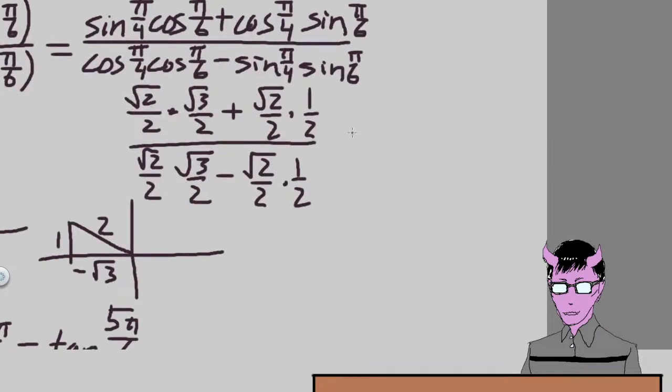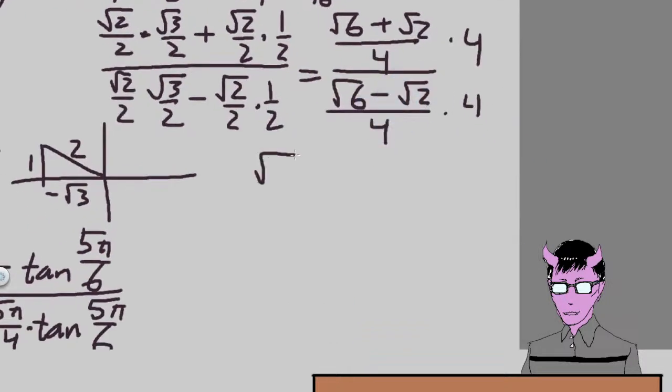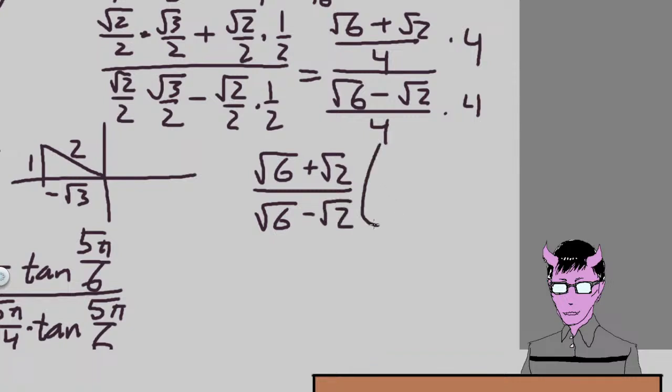Okay. So the top part cleans up into root 6 plus root 2 all over 4. Pretty much the same thing on the bottom, but just as a subtraction between the top two. Clean up into root 6 plus root 2 over root 6 minus root 2, the conjugate.